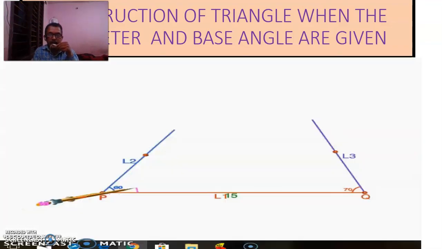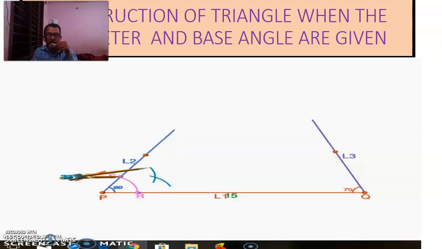Now construct an arc by using compass with suitable radius which cuts L1 at point R and L2 at point S. With the same radius, draw an arc from the point R. Cut the arc from S with the same radius.